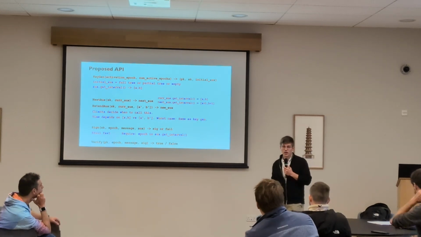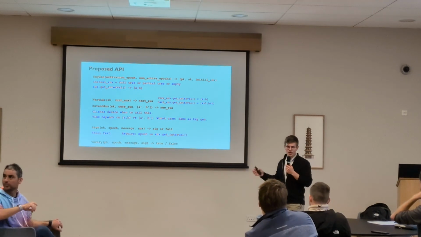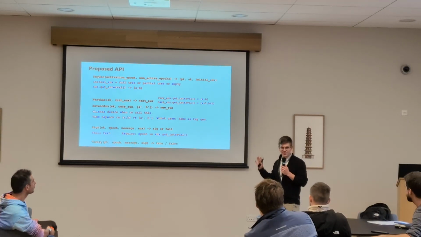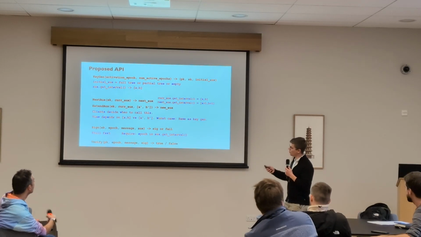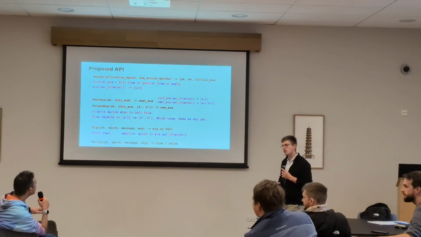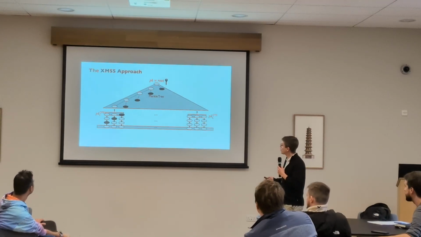Yeah, I agree. From the perspective of developing this library, I would really love the simplest API, where I don't need to have all these functions and think about what could happen. A question: which one is the public key that will go on chain or whatever? The root, the Merkle root. So the public key is this one.